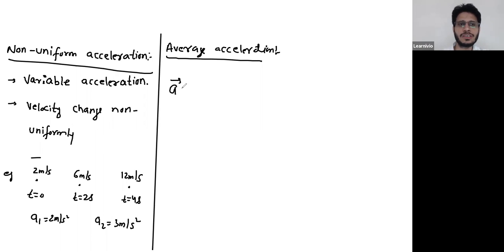Average acceleration is simply the difference between final velocity and initial velocity, divided by time.